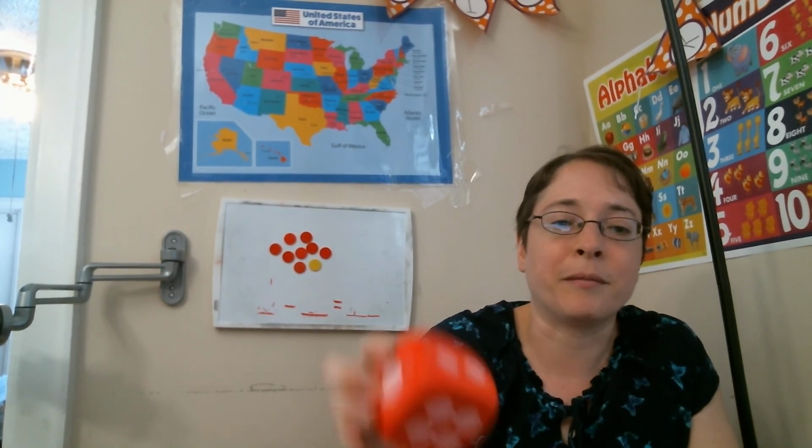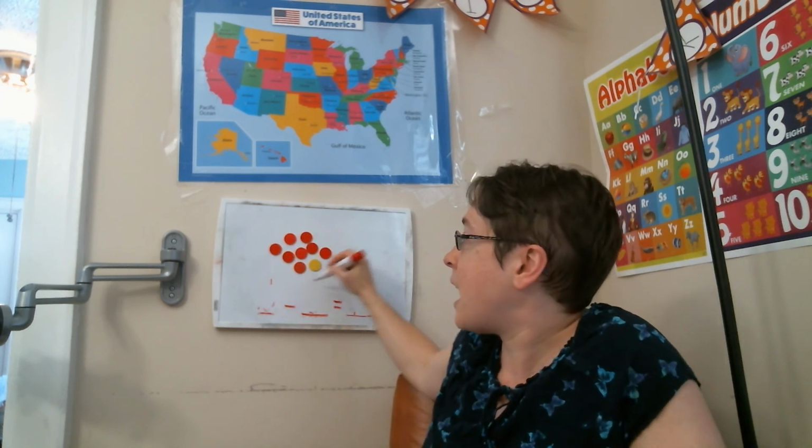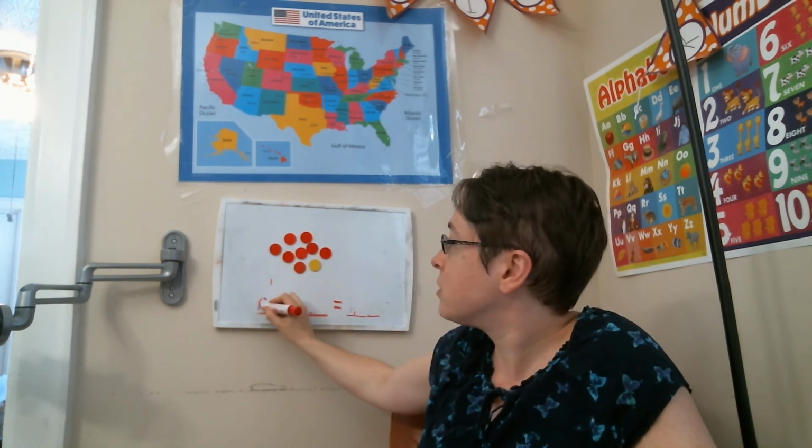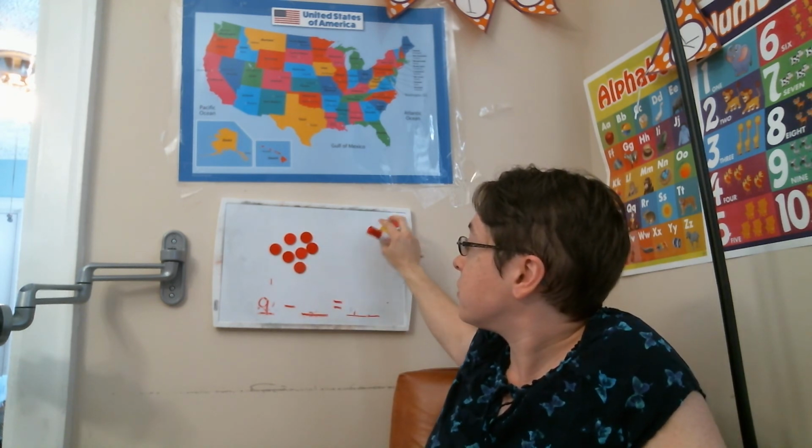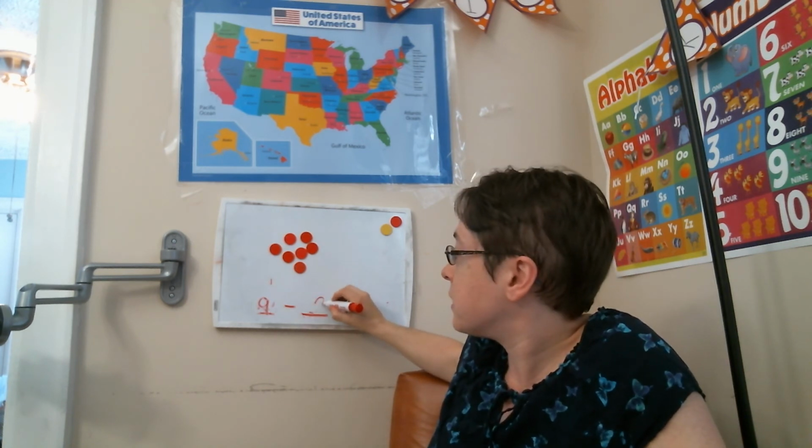Well, it's the same number. That's okay. So what number is this? 2. So we have 9 cars. 2 drive away. So we need to put the 2 in the next space.